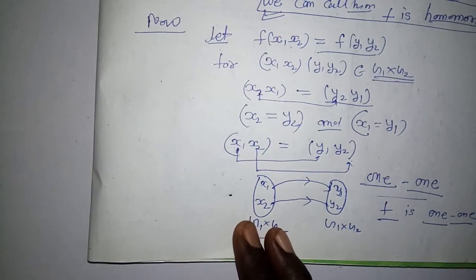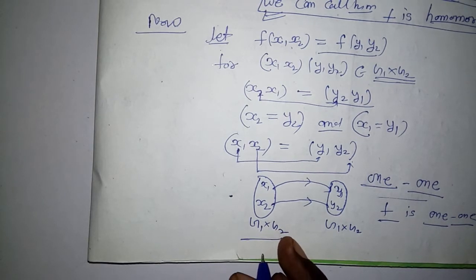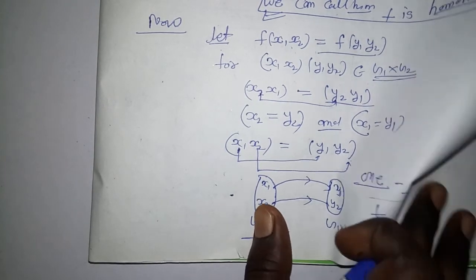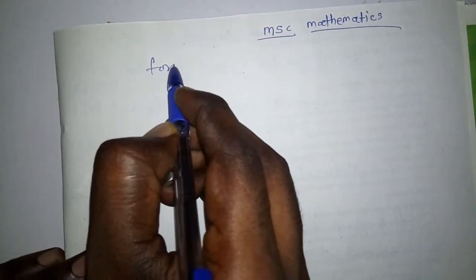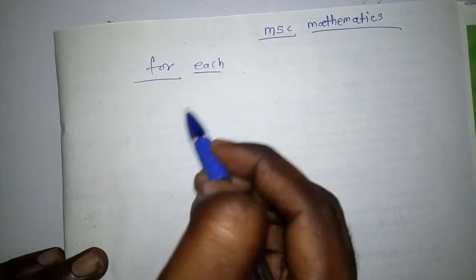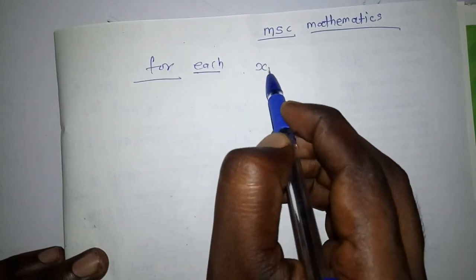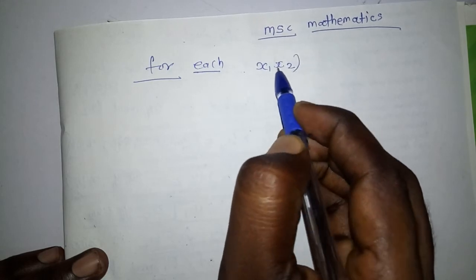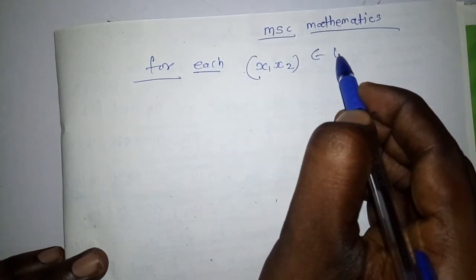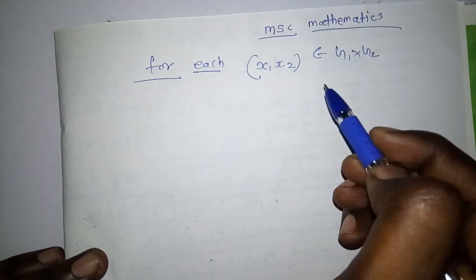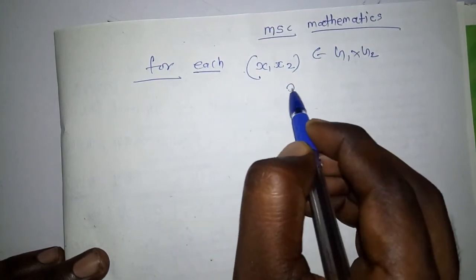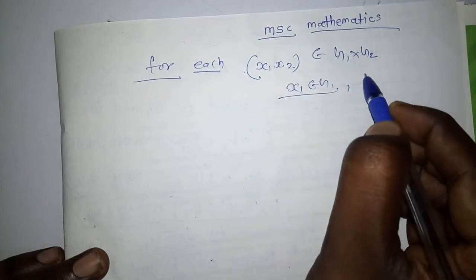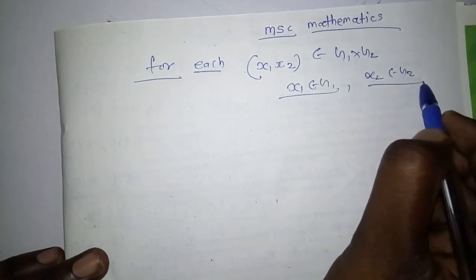Now students, we also prove that f is onto. Okay, so now let's go. For each (x1, x2) belonging to G1 multiply g2, because here x1 belongs to G1 and x2 belongs to G2 students.